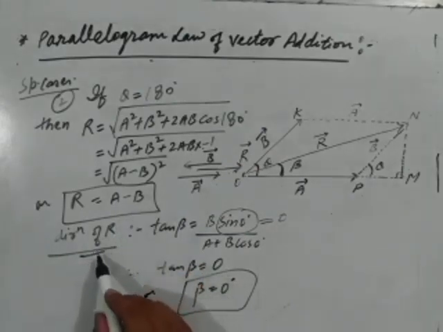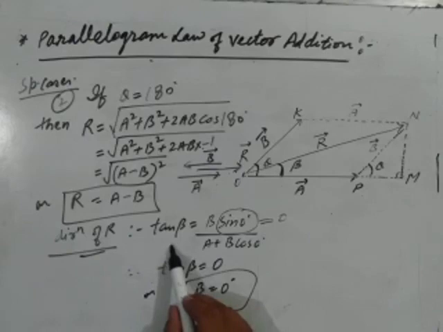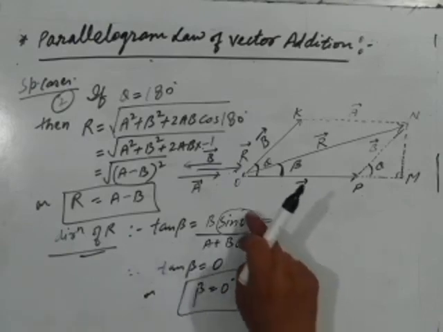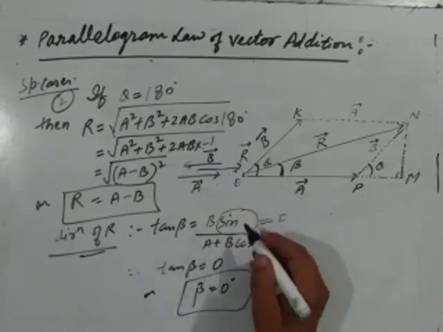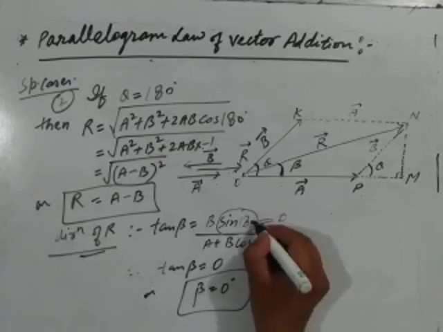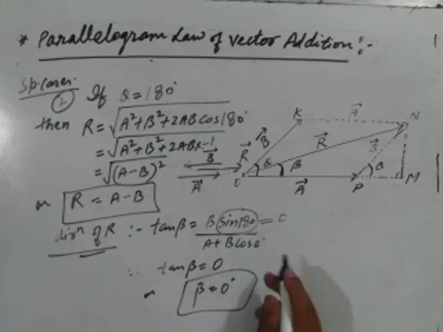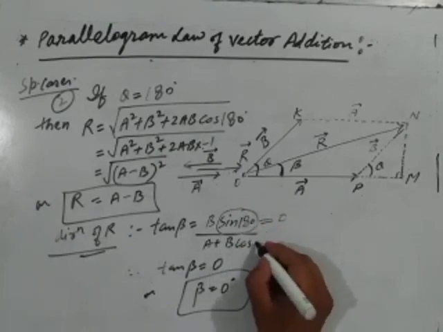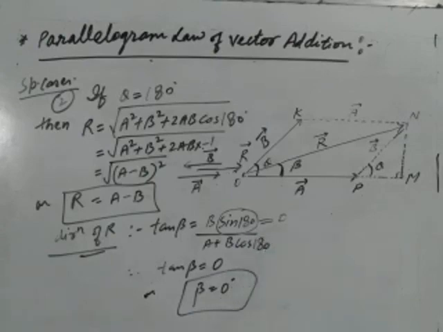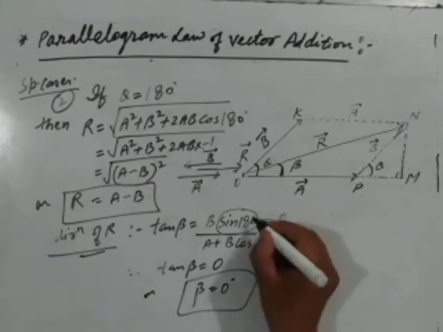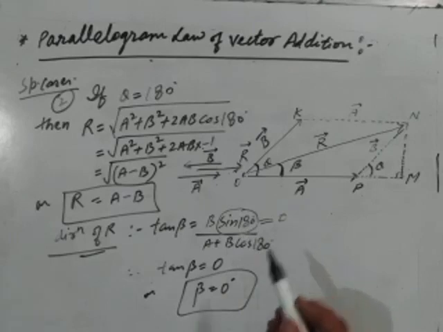Now for finding the direction of r, we will find out tangent beta by again using the same method, b sine 180 upon a plus b cos 180. But sine 180 equal to 0, so therefore tangent beta will become 0, or beta will become 0 degree.